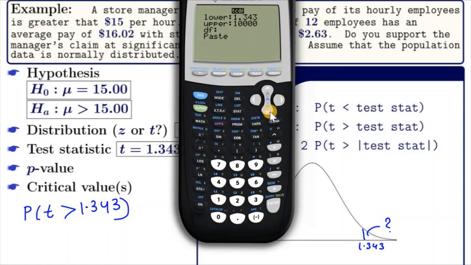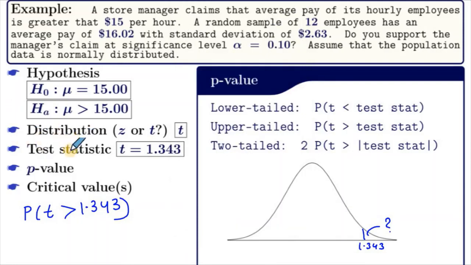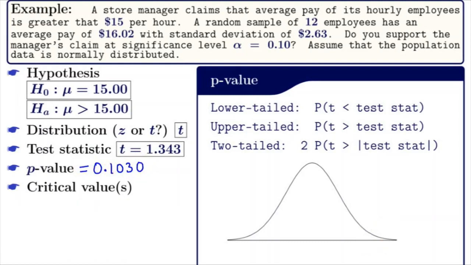And degrees of freedom is n minus 1, where our n is 12, so degrees of freedom is 12 minus 1, which is 11. So let's enter that, then come down here, then hit enter. So this is our p-value. Let me write that down. Therefore, our p-value is 0.1030.